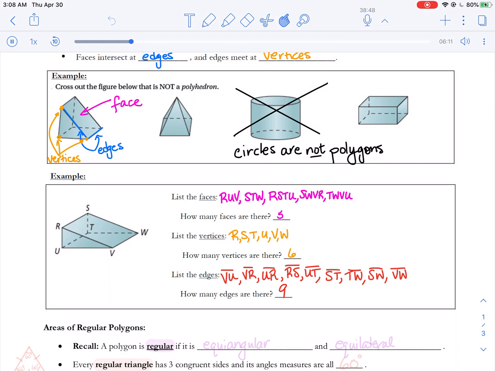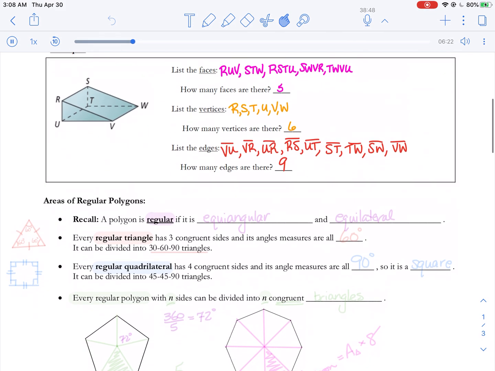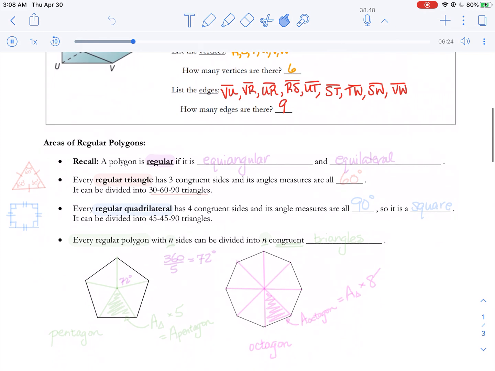Okay. That's kind of like stuff that's actually in Chapter 11. Now, there's something we have to go back to from Chapter 10 that involves finding areas. And first of all, regular polygons. Do you remember what it means for a polygon to be regular? That was a vocab word back from Chapter 6, maybe? Equiangular is part of it.